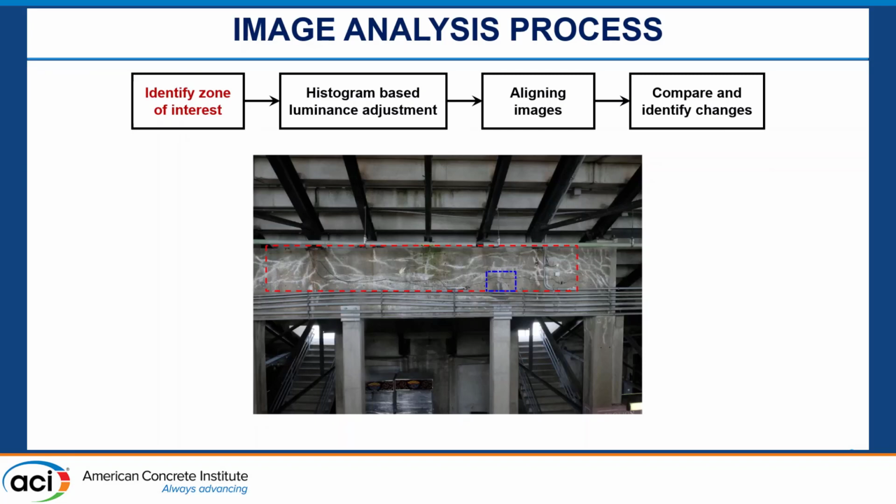We took images four times a day, basically every 6 hours, and even through the night we could take images. One of the things to look at was the luminance adjustment, because obviously a photograph at night looks a lot different than a photograph in the middle of the day. So we have to take that into consideration, align the images, and then compare and identify any changes.